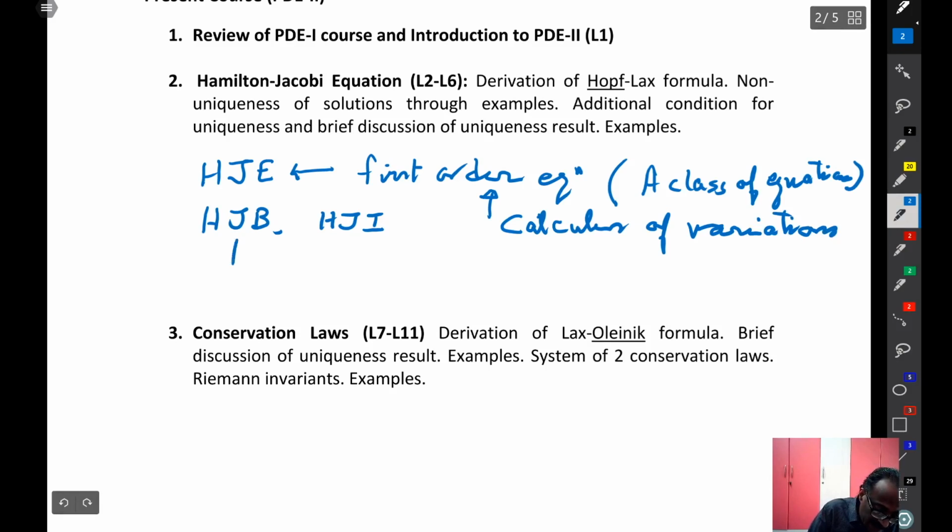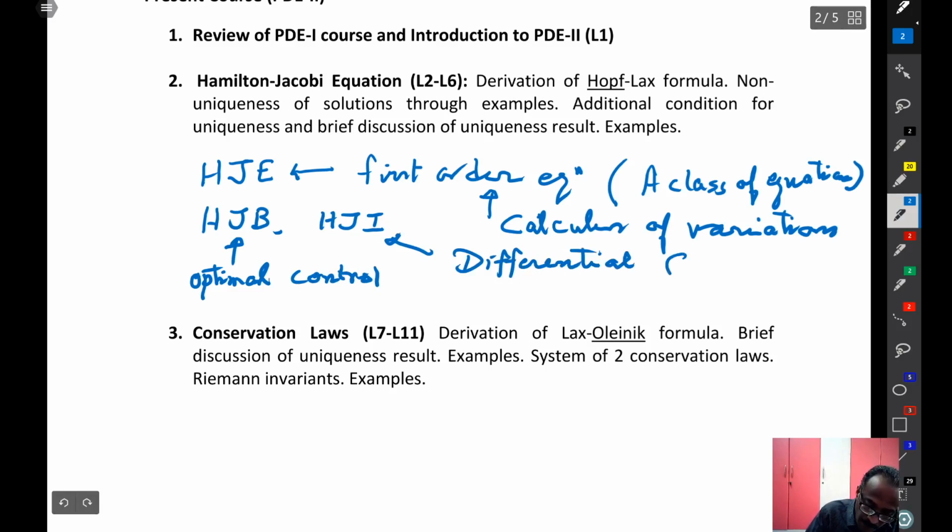On the other hand, this comes from optimal control problems. And this comes from differential game theory. As I said, we will not do it in great generality.